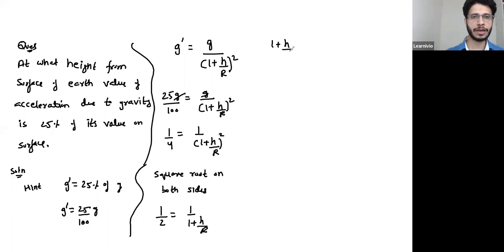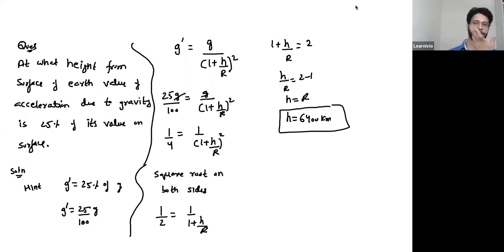So 1 plus H by R is basically 2. So your H by R comes out to be 2 minus 1. Your H comes out to be R. Means your H comes out to be 6,400 kilometer. Means at a height of 6,400 kilometer, the value of acceleration due to gravity decreased to 25% of its value on the surface.